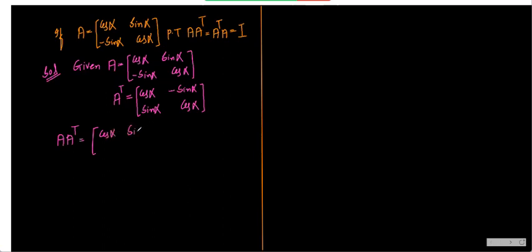Tell me what is the next? Minus sin alpha, cos alpha. This will be multiplying with the transpose. Transpose value is cos alpha, minus sin alpha, sin alpha.